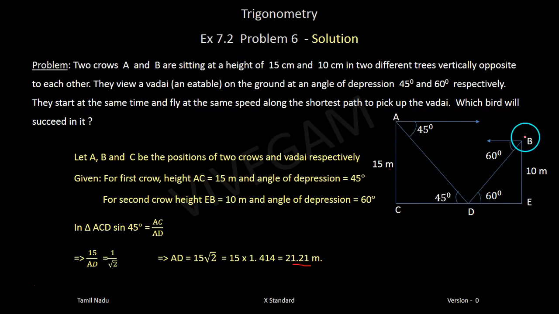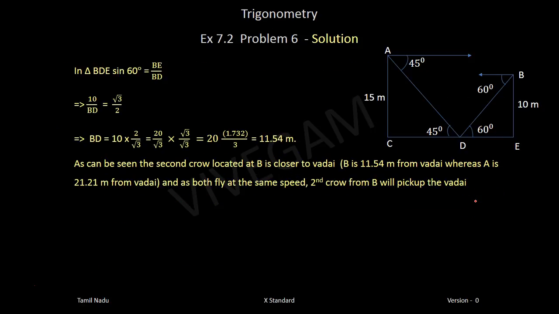Now similarly, we'll have to calculate BD. So take BDE. Sine 60, same formula. We want to calculate this. This is given and this is the angle. What is the relationship between this angle, this side and this side? That is sine. This is opposite, this is hypotenuse for this angle, right?